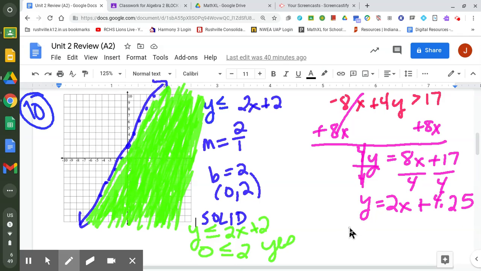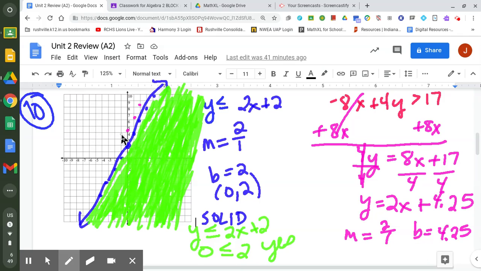So my m is 2 over 1. The b is 4.25. So when I graph this, I'm going to start at 4.25. So it can be almost just a little past the 4. And then I'm going to go up 2 over 1, up 2 over 1.